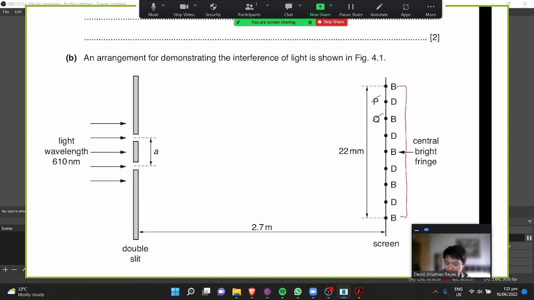How many in total? So remember that x is a distance between fringes. So it's either bright to bright or dark to dark. In this case, we're going to use bright. So that's bright number 1, number 2, number 3, number 4. Therefore, 22 millimeters should be divided by 4 in order for you to get x.